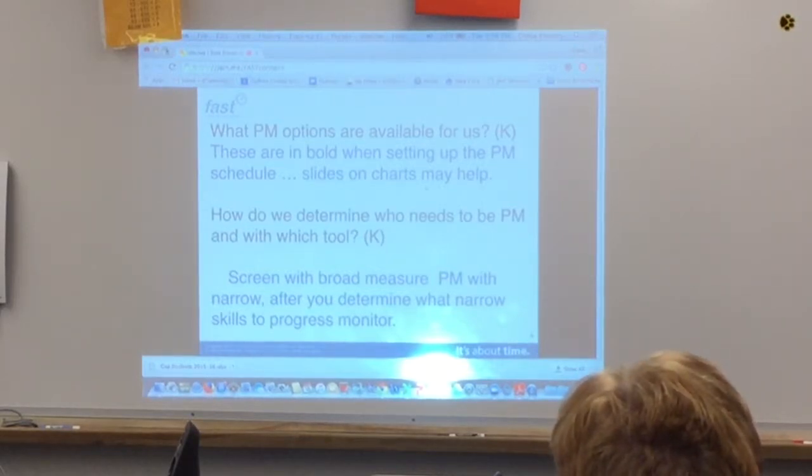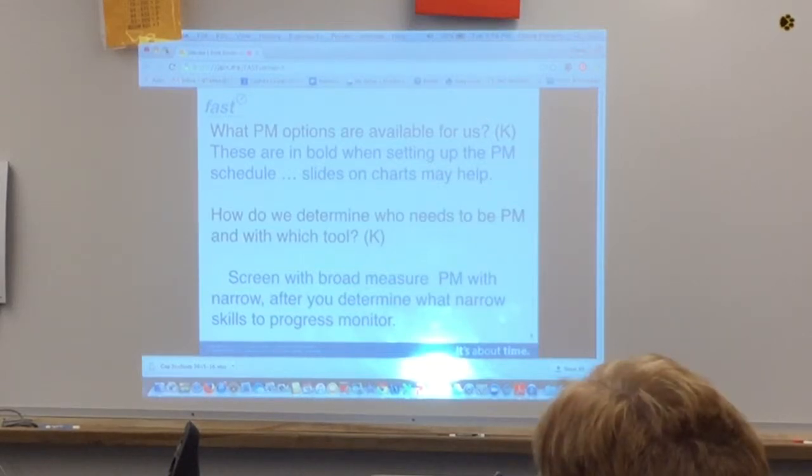I have some slides later on that may help with that as well. Then we will spend some time talking about how you determine who needs to be progress monitored and with which tool.